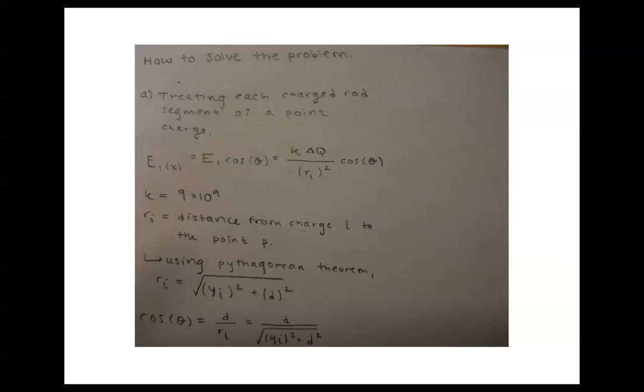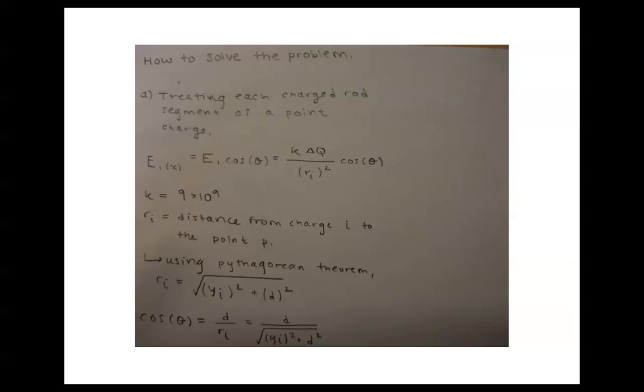This gives us the equation E sub 1x equals E sub 1 cosine theta equals k times delta q divided by r sub i squared times cosine theta, k being the constant 9 times 10 to the 9th, and r sub i being the distance from charge i to the point P. Using the Pythagorean theorem, we find that r sub i equals the root of y sub i squared plus d squared.